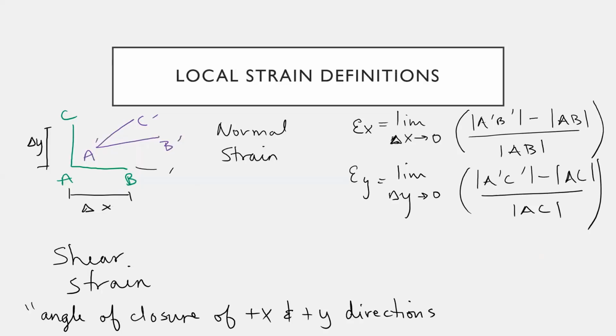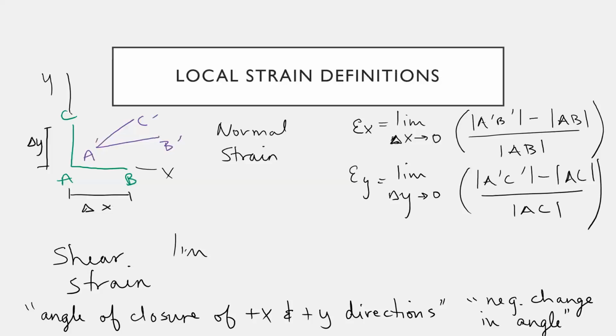So this one started out with x and y, so we can directly measure that angle of closure. It's also referred to as the negative change in angle. Because if you think about that, well, let me just show you.